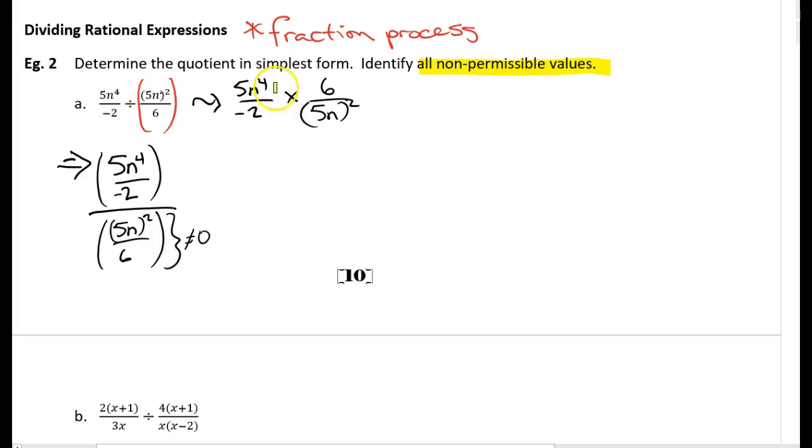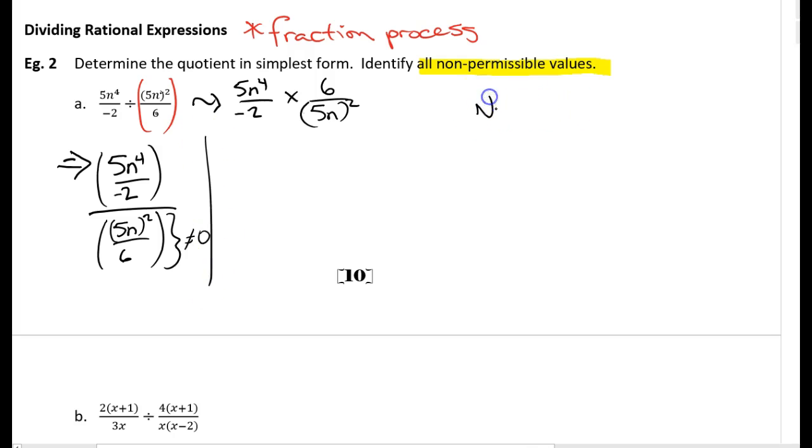So when I go to do my non-permissible values for this question, the first fraction is nice. There's no variable in the denominator, so there's no restrictions there. Originally it looks like we've got no non-permissible values in that second denominator. But because I take the reciprocal, now I do have a variable in my denominator.